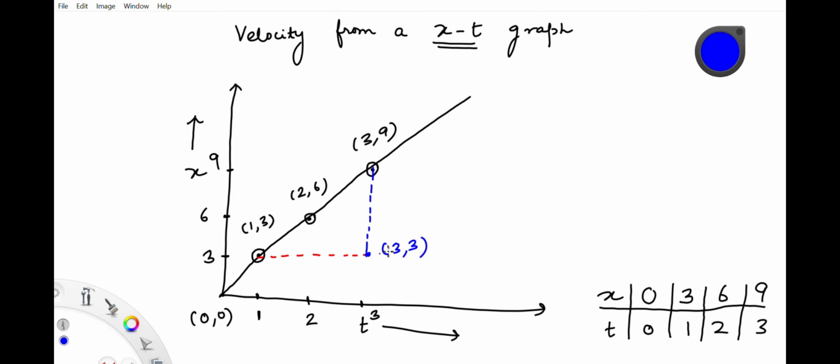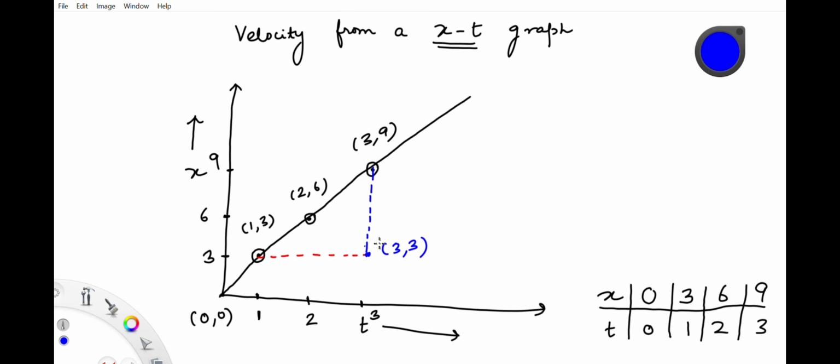Now, mathematically, velocity is also called the slope or the inclination of this straight line. So the rate of change, which is also called the slope of this straight line or the inclination of this straight line, basically gives you information about velocity.